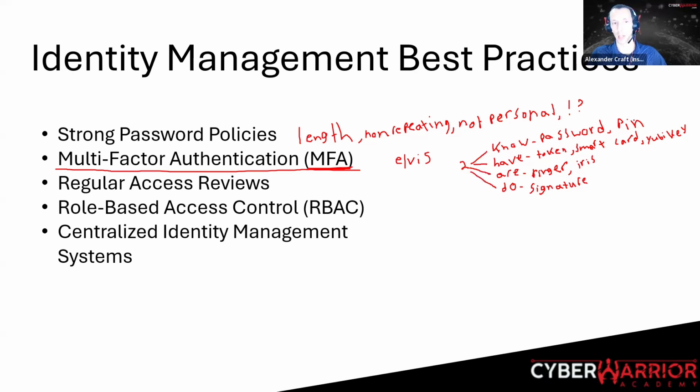If I have a password and a PIN, that is not considered MFA. That is considered single factor authentication. And if I have something I know and something I have, so a token and a PIN, or a fingerprint scan and a password, that means that I'm providing MFA.